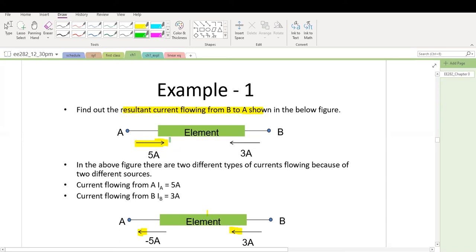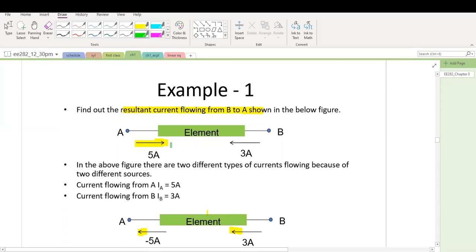So in this case here, what is the resultant current flowing from point B to point A? We know that there is a current flowing in this direction to the left, that's 3A, and from this direction here to the right is 5A. We know that current is a vector, so there's this direction, that direction.